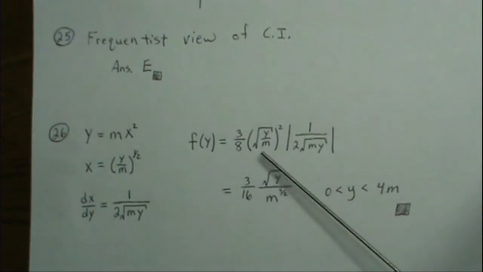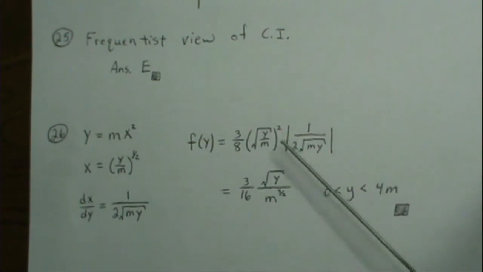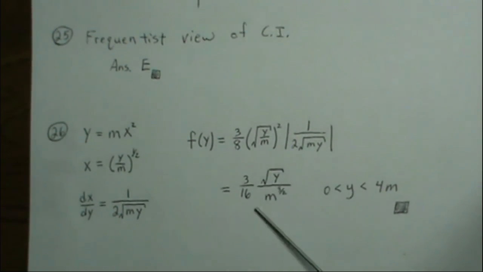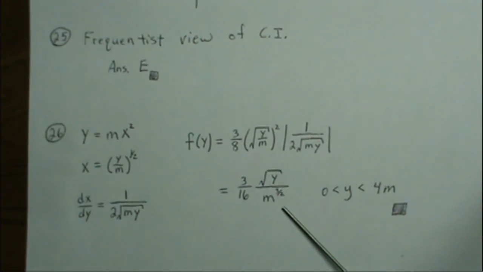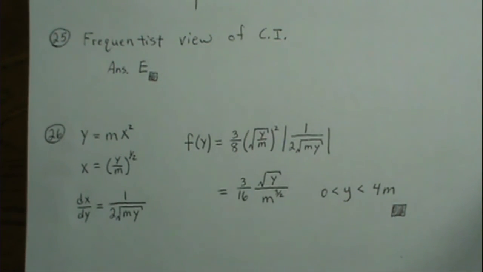So it's 3/8 x squared, but we use this in place of x, and then this is the Jacobian, or this piece. And then this simplifies to this, where Y is between 0 and 4m, and that's the answer.